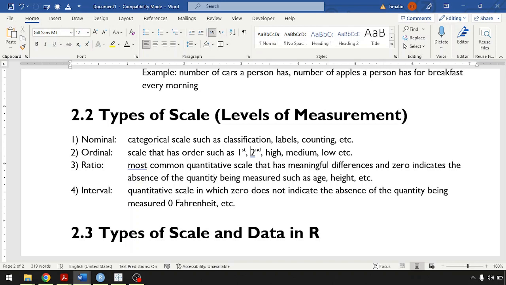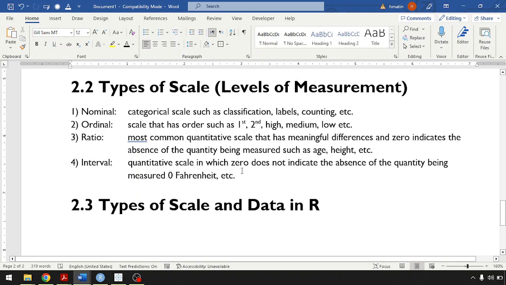So zero could be translated into another scale, in Celsius. So 0 Fahrenheit could be such x Celsius. So zero in this case has meaning here. So these are the differences between ratio and interval. I hope the levels of scales or measurement were helpful.